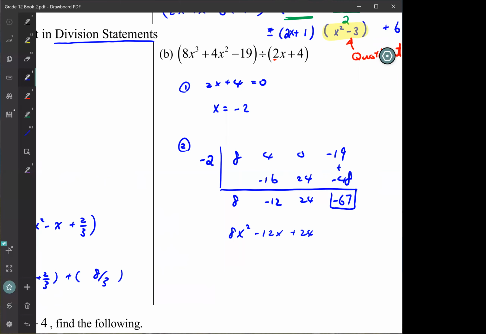Anything else? We need to divide by anything? Okay, what should we divide by? 2. Yeah, divide by 2.